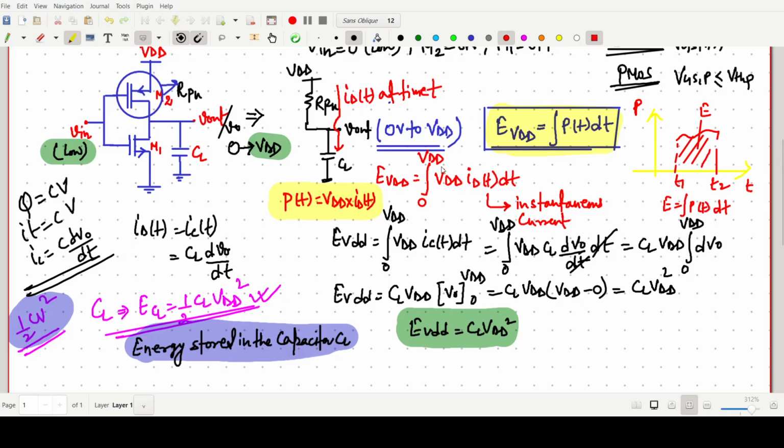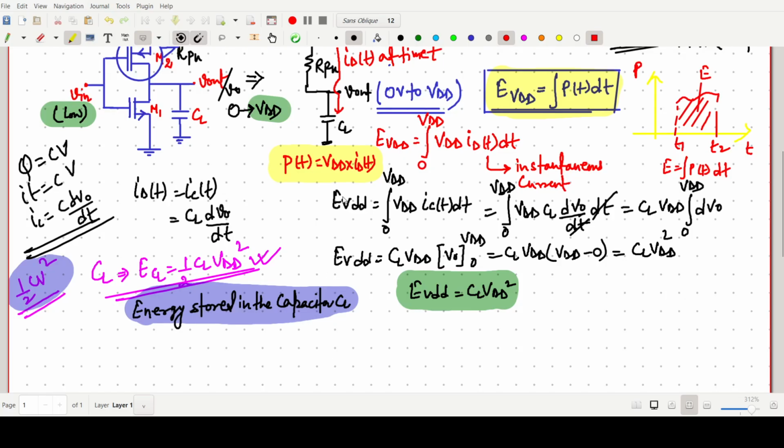We know the formula half CV square, but we can also derive this. This is very simple. For this purpose we are doing all operations for a low input only now, so we can write EC, energy stored in the capacitor for a time 0 to t.